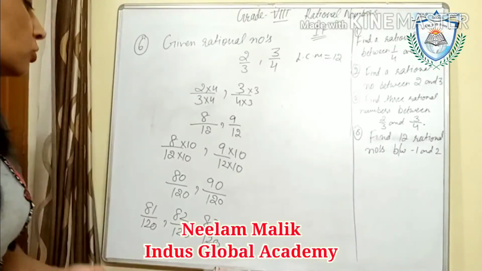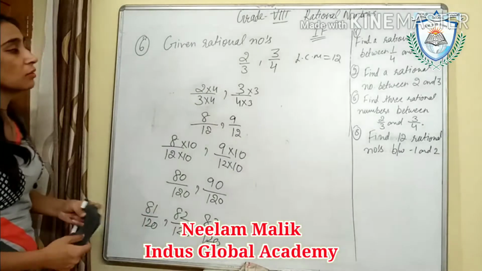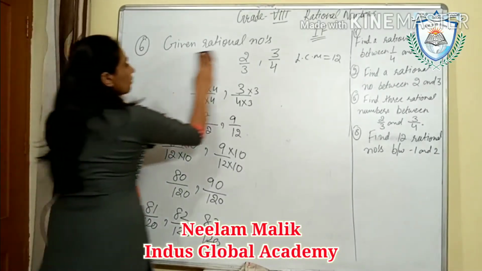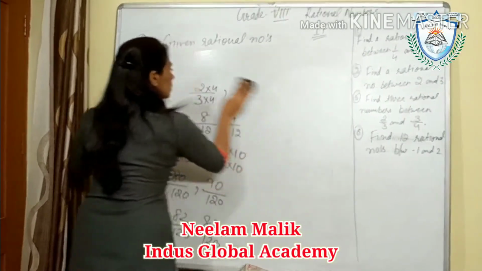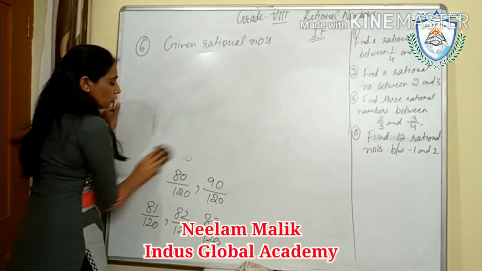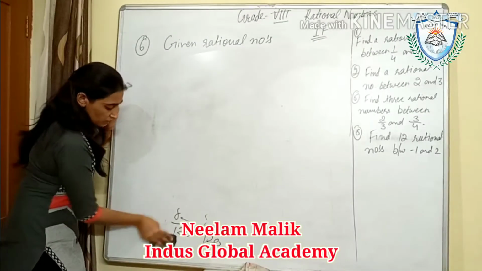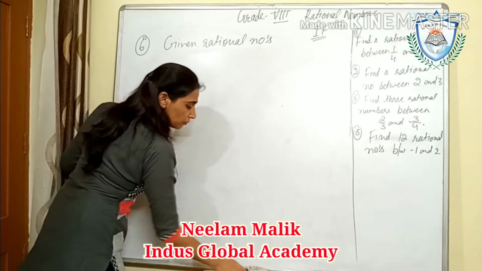Okay. So next is question number 8, in which we have to find 12 rational numbers. There is no rational number given, integers are given. I told you, when integers are given, first we will convert them into rational numbers by dividing by 1.